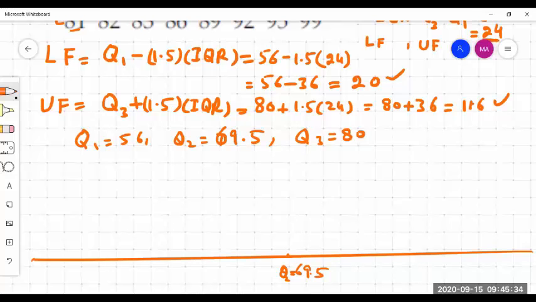It's below this somewhere here. So say it's 56, for example. So Q1 is equal to 56. And then Q3 is 80. So here somewhere would be 80, for example, right? So Q3.